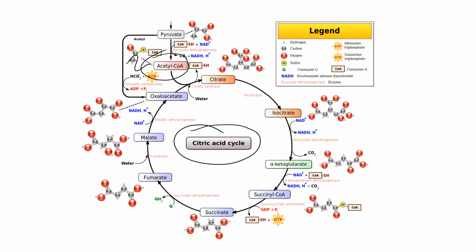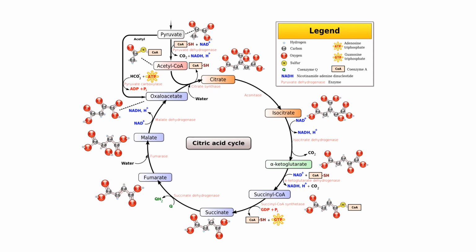I can already point out that the citric acid cycle, or Krebs cycle, you can call it either one, is an oxidation machine. We're going to start ripping lots of hydrogens and consequently electrons off of acetyl-CoA throughout this process.